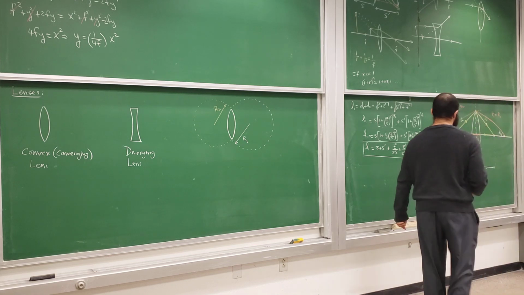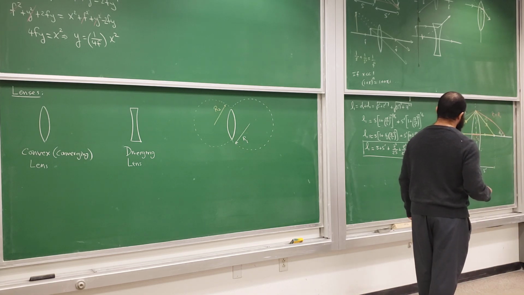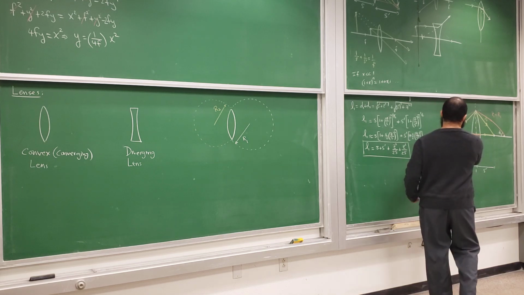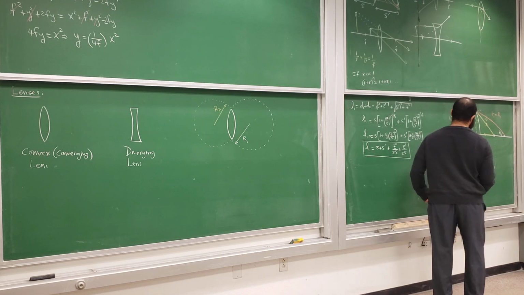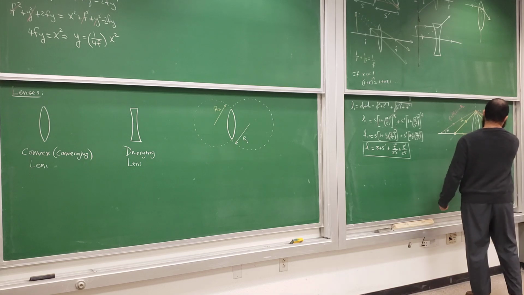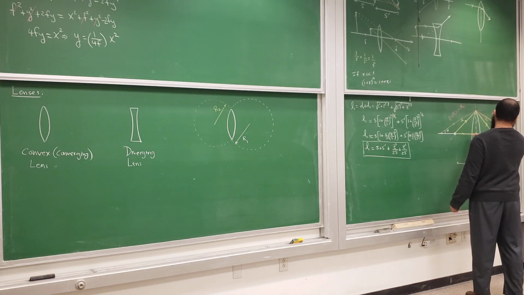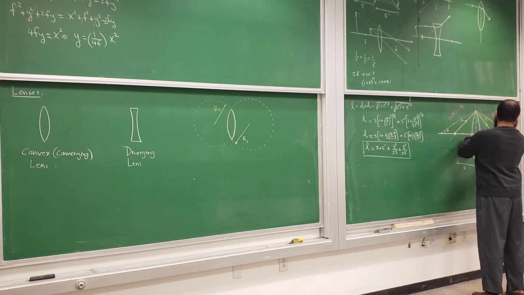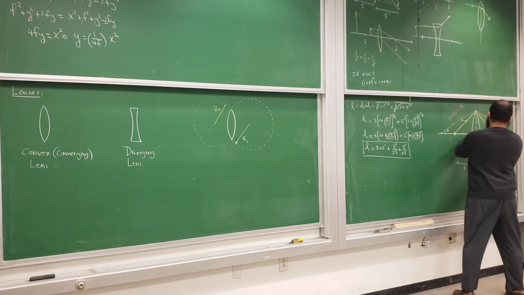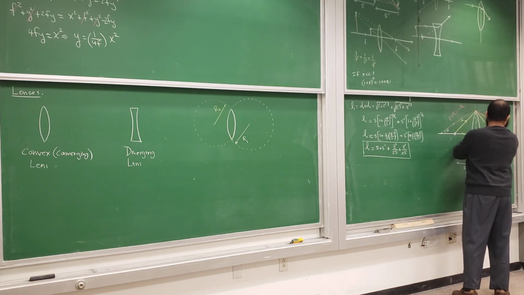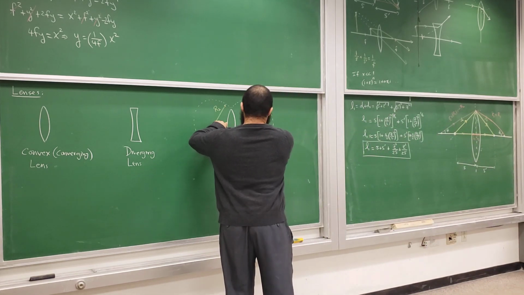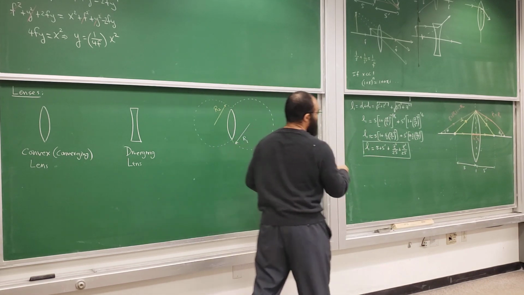So that's what I'm getting. Okay, so we need to figure out things. This is theta 2. Now, what are delta 1 and delta 2? First of all, what's the distance from here to here? That is R1.